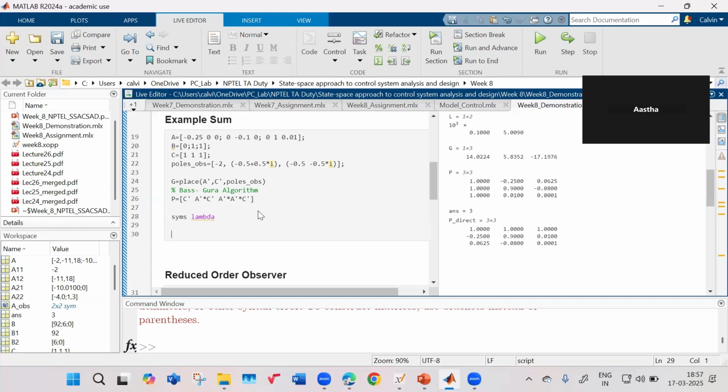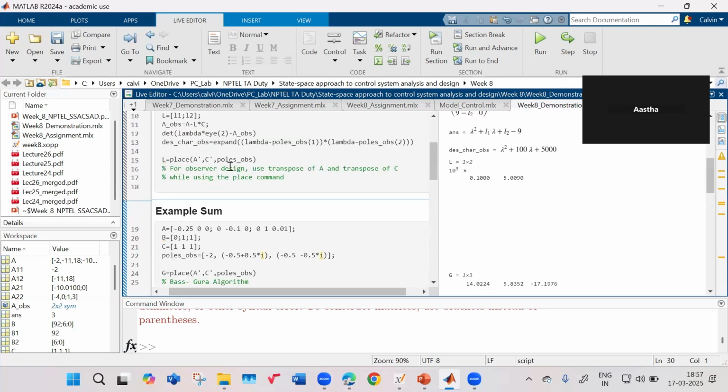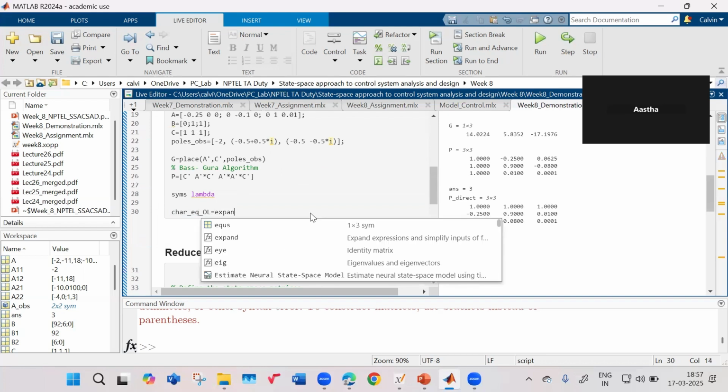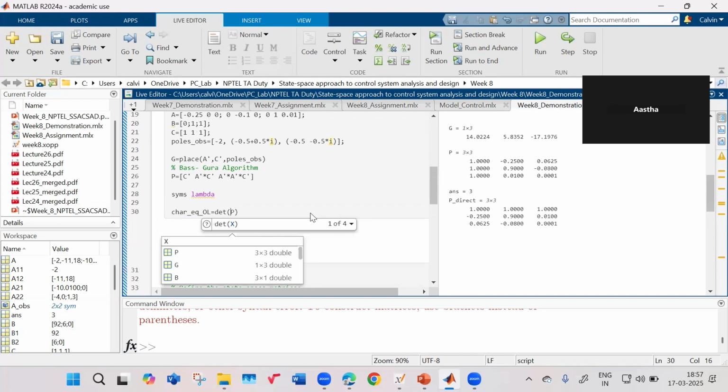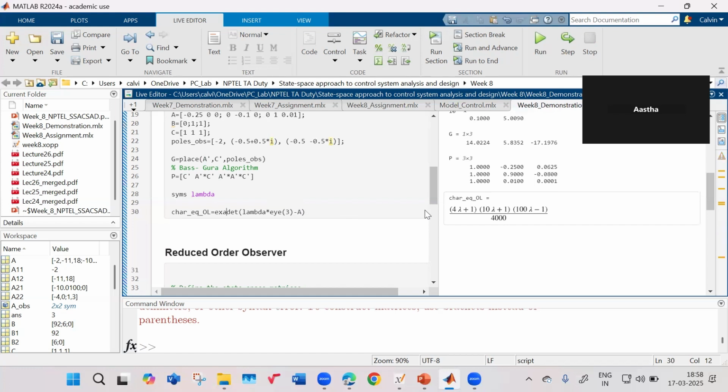The characteristic equation of my open loop system is given by the determinant of lambda times the identity matrix of dimension 3 minus A. Okay, let us run this section. This is our open loop characteristic equation. Let me expand it.